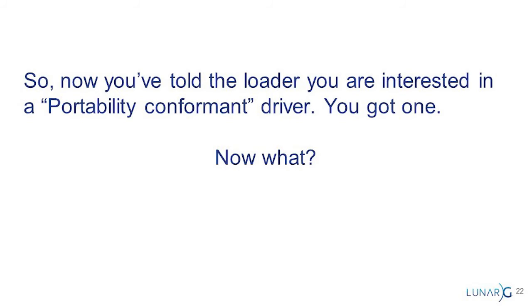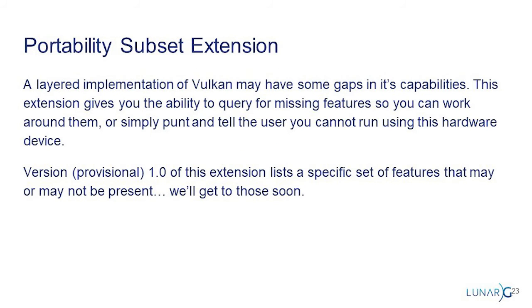All right, so now you told the loader that you're okay with a portably conformant driver. Now what? Now we want to create a device, and we need this other extension, the portability subset extension. One of these device drivers is missing things.